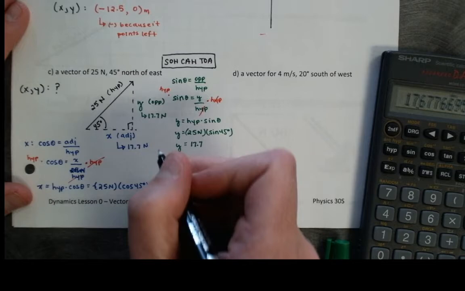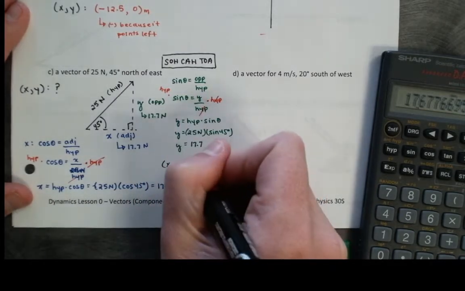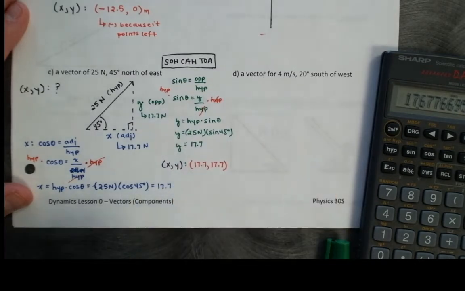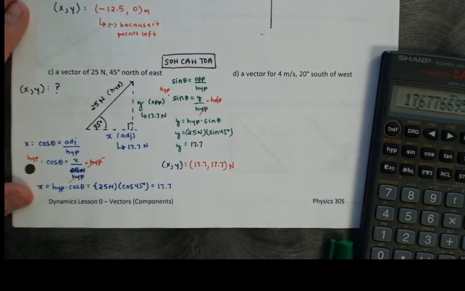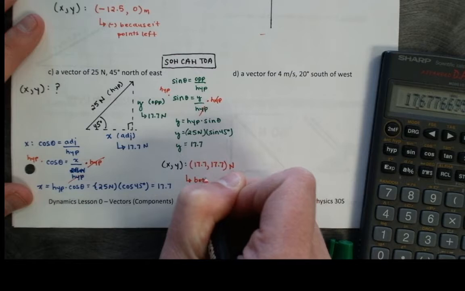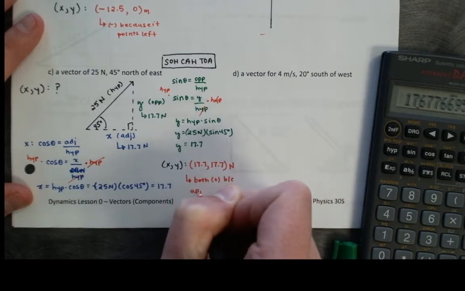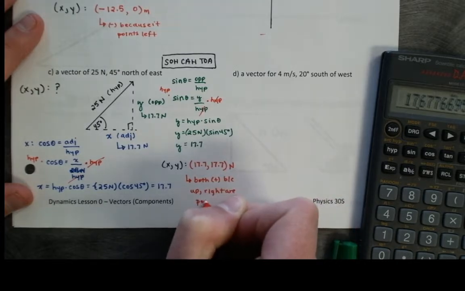So our x and y are positive 17.7 and positive 17.7 newtons. Okay? So both are positive because up and right are positive.